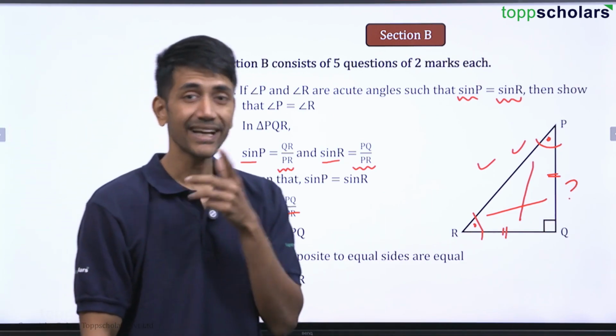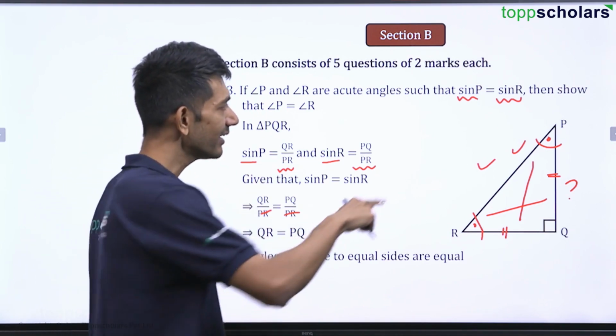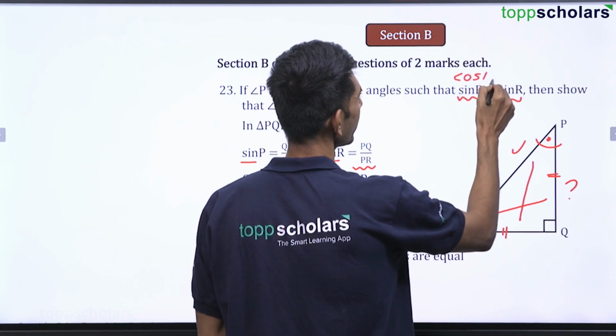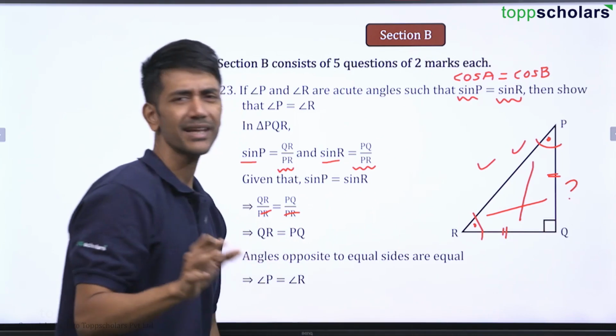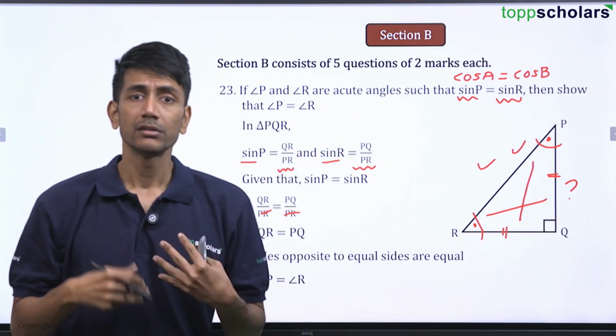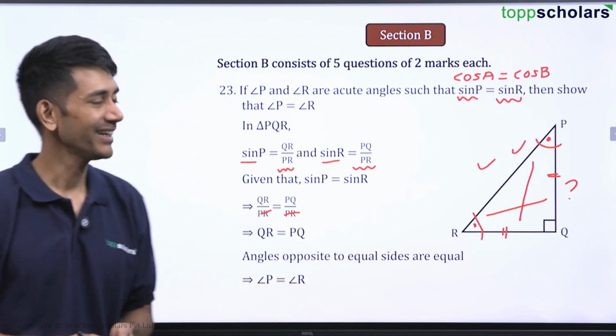Also, they can modify the question. You can also see your NCERT. In NCERT, they have given cos here. Cos A is equal to cos B. The logic remains same. So we don't have to worry whether they change it to sin or they change it to tan. The procedure is going to remain the same, right?